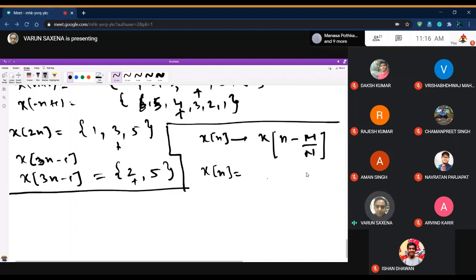You have to do this with the operations that we know. We know decimation. We know interpolation. So firstly we do decimation by N, and then we shift by M. One minute, Navratna is speaking, right?